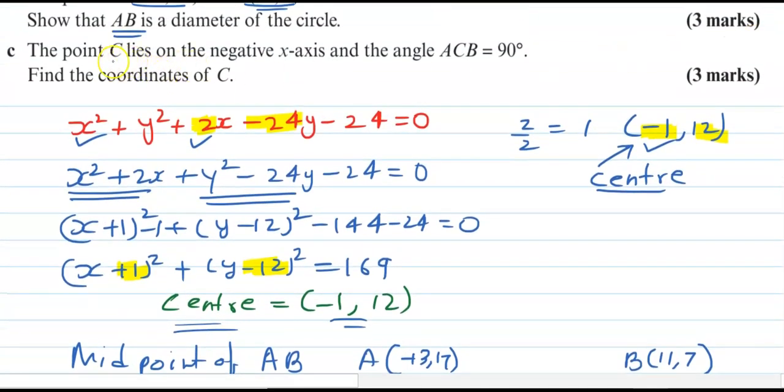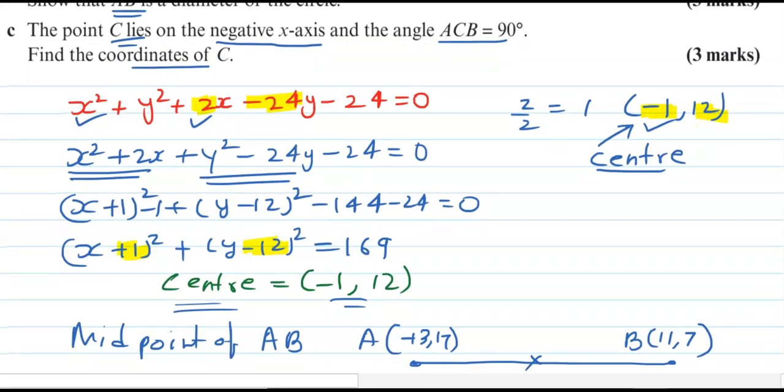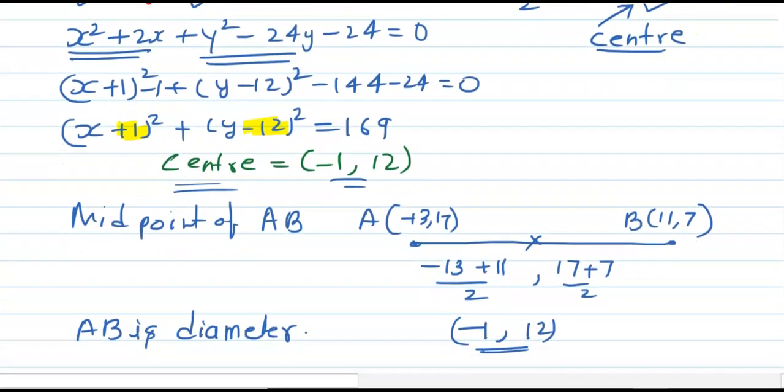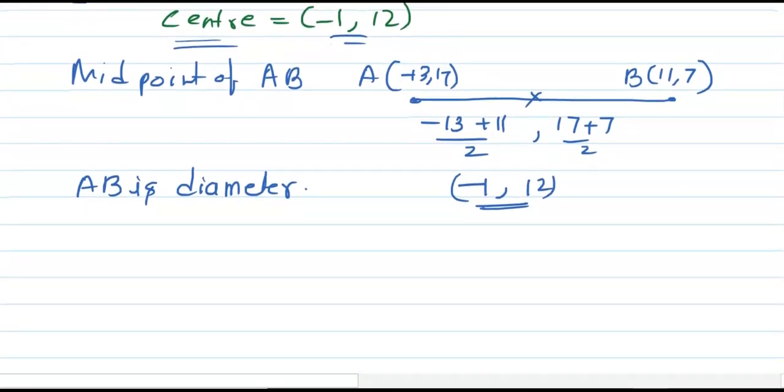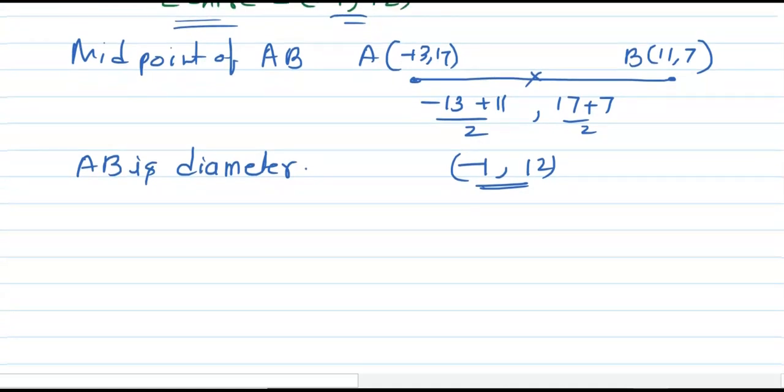Okay, and the last part, they are saying the point C lies on the negative x-axis and angle ACB is 90 degrees. Find the coordinates of point C. So point C lies on the negative x-axis. Negative x-axis means y will be 0.